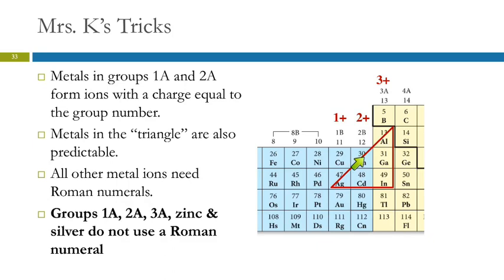Silver's always +1, zinc's always +2. The book doesn't mention it, but cadmium is also just +2. So these guys don't use Roman numerals. So groups 1A, 2A, 3A, zinc and silver don't use a Roman numeral. For anything else, use the Roman numeral. I won't try to trick you with scandium or indium or any of those weirdos. Okay?